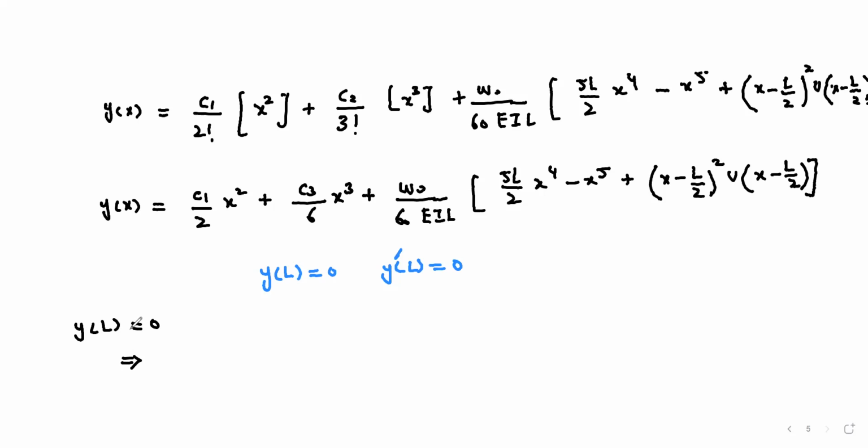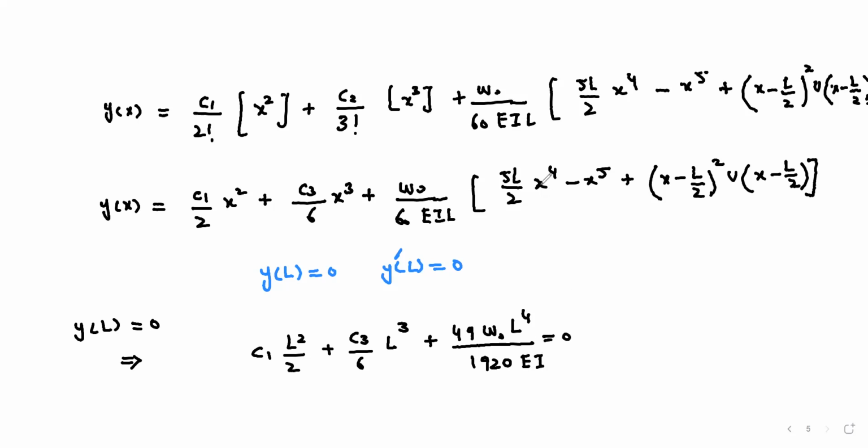If we use this condition, y of L is equal to 0 and y prime of L is equal to 0, we get C1 L square by 2 plus C2 by 6 L raised to power 3 plus 49 W naught L raised to power 4 over 1920 EIL.